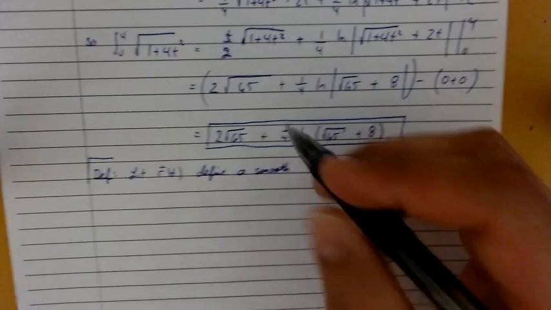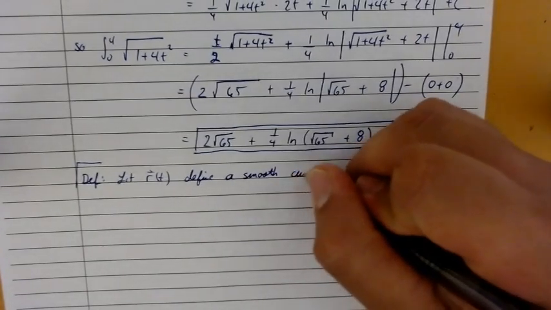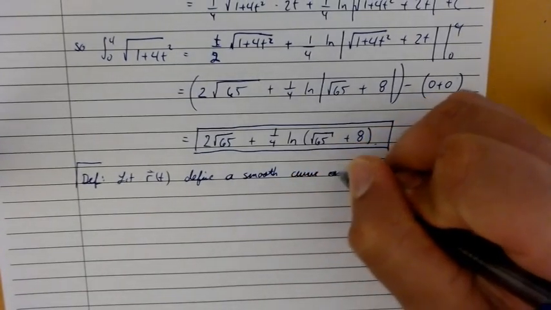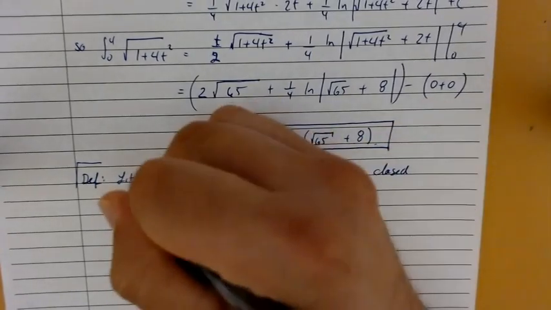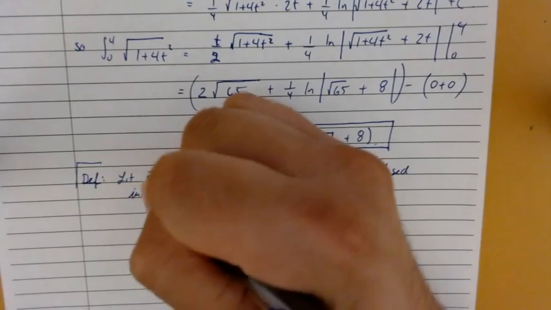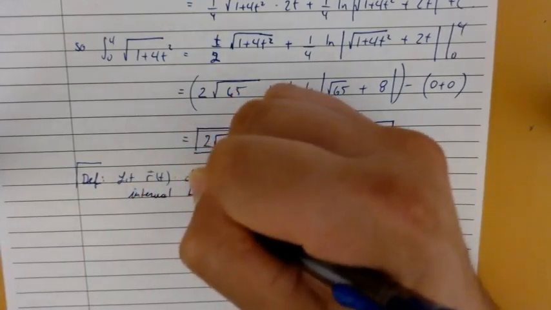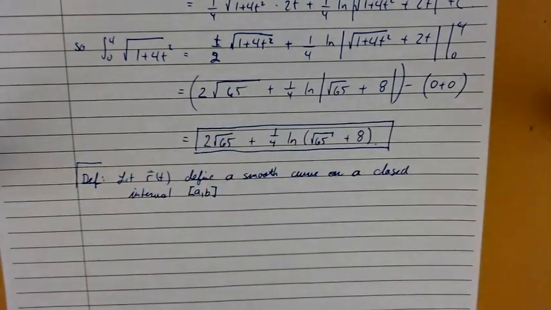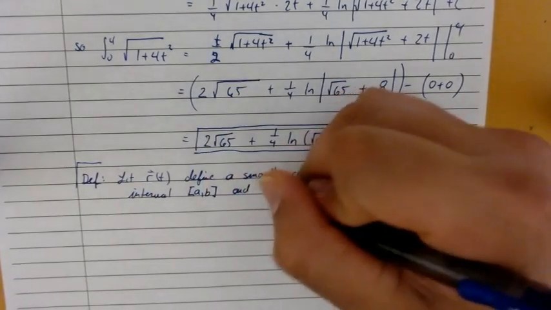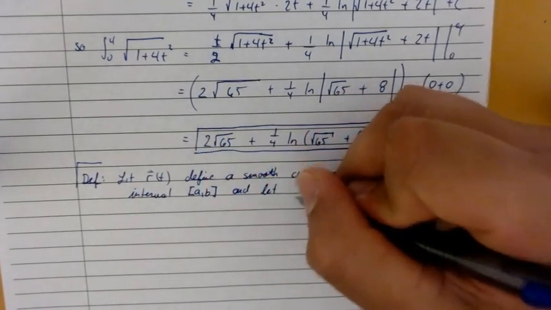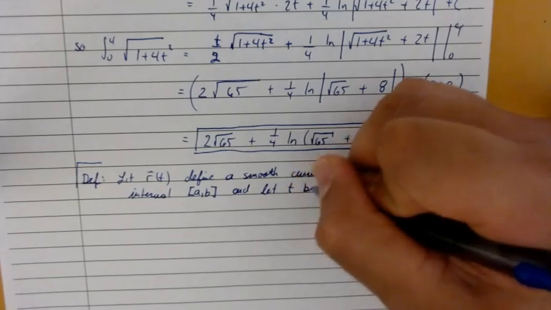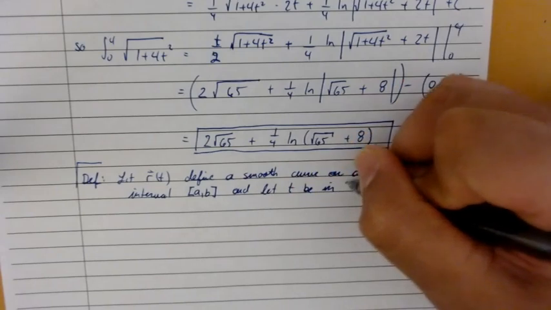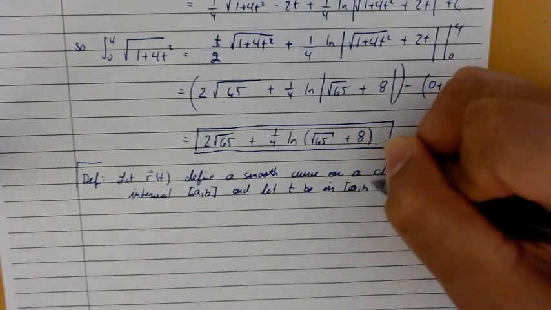Let r of t define a smooth curve on a closed interval a to b. Okay? And let t be some number in that interval, including possibly either endpoint.